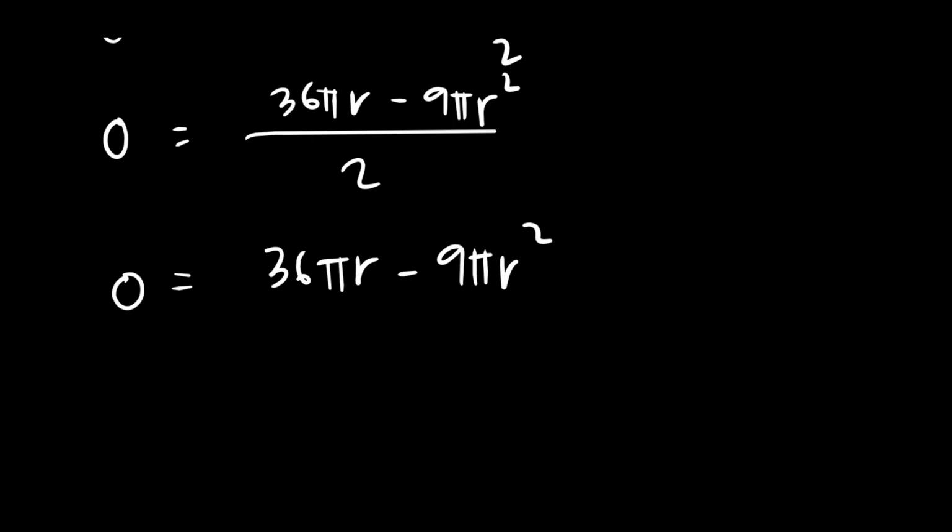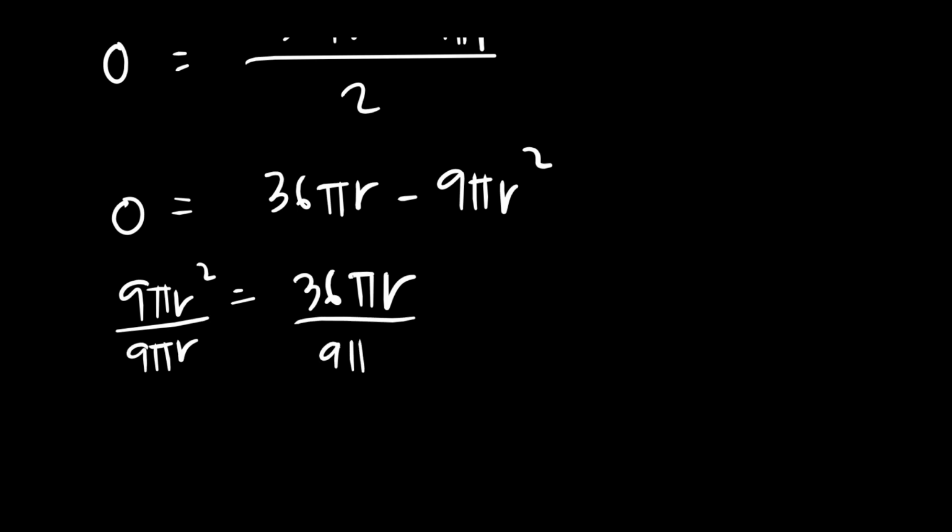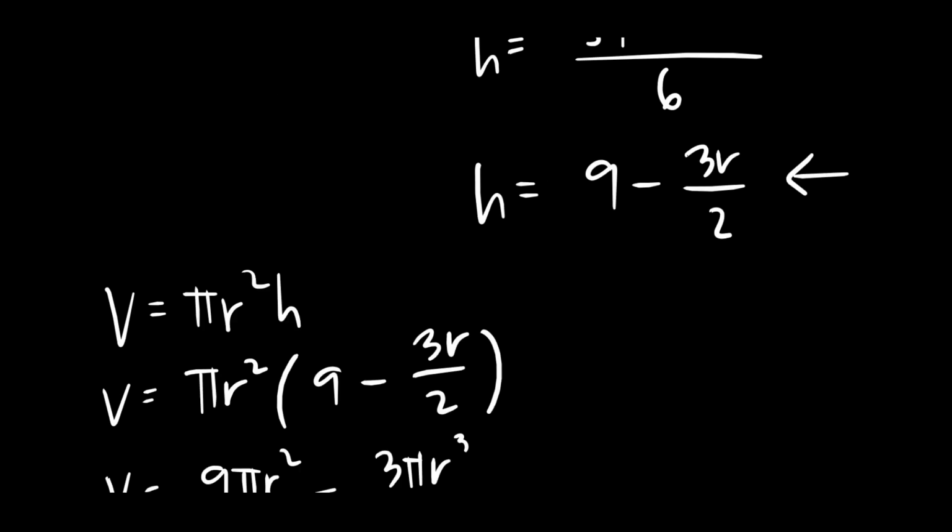So the remaining will be 9 pi r squared equals 36 pi r. So we'll divide both sides by 9 pi r. I will cancel 9 pi, cancel r. So 36 divided by 9 is just equal to 4, right? So r equals 4.